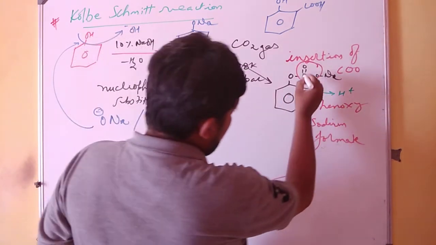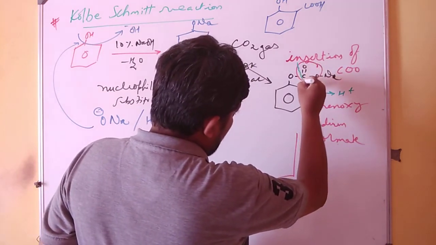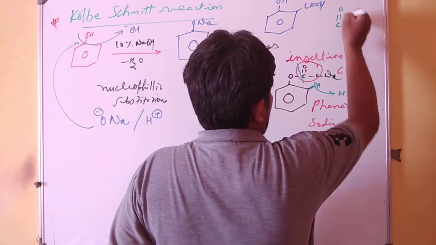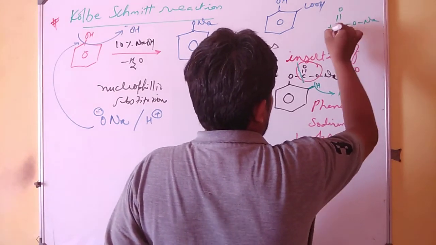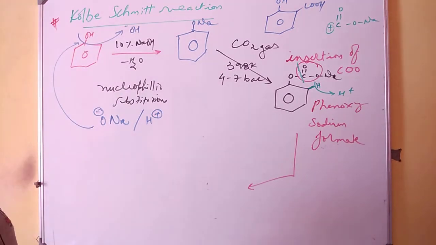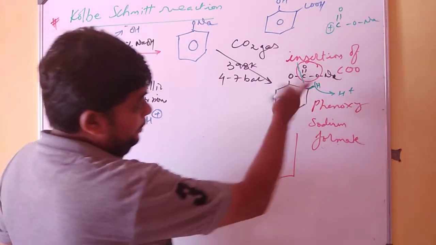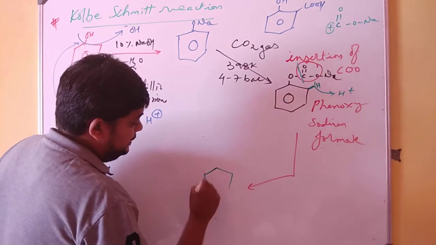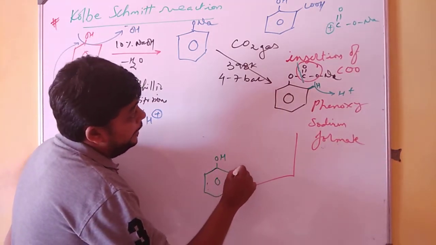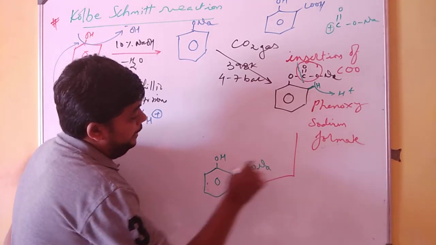At the same time, this will break from this particular portion as plus charged COONa, and there will be a replacement which will help us write a product OH and COONa.